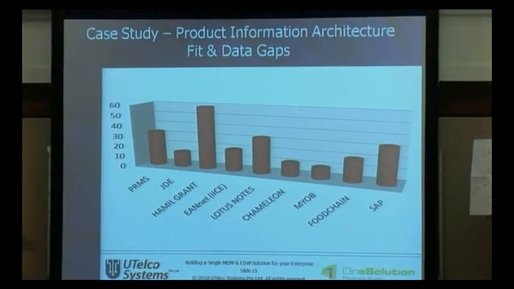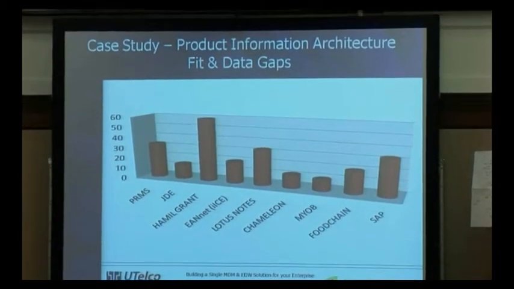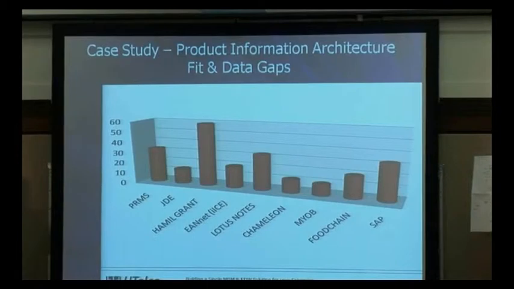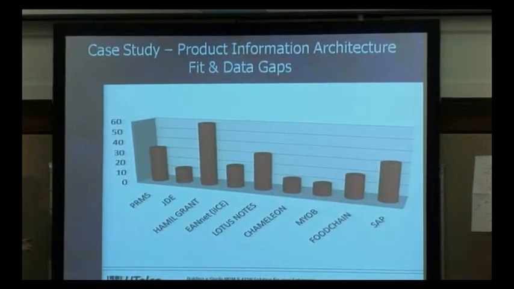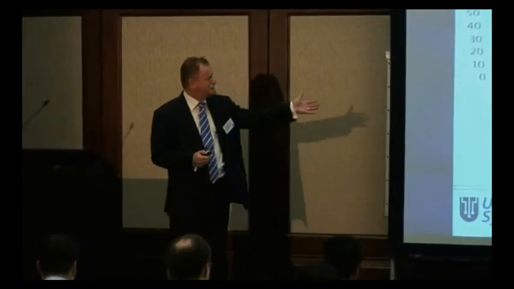That piece of analysis basically convinced senior management that they had to follow this approach because the transformation program was falling further and further behind. The business benefits were therefore falling away. They had no solutions in place. And we did a 3-week assessment of these applications to come up with this set of data gaps and the percentage fit.